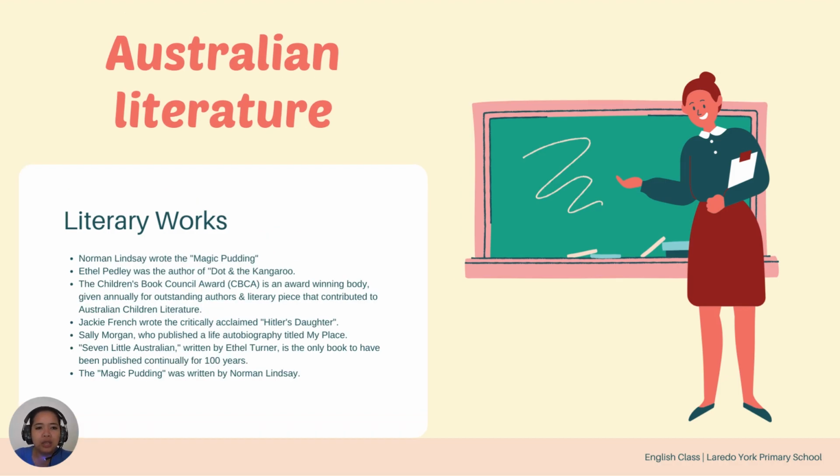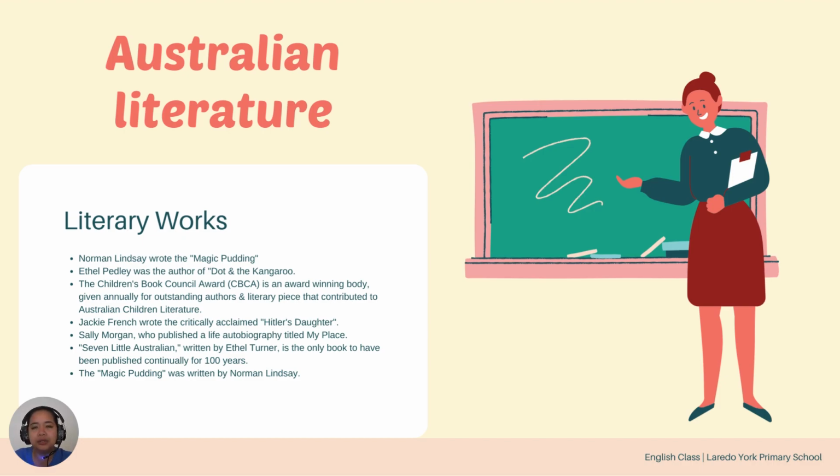Next, we also have Norman Lindsay, who wrote The Magic Pudding. We also have Ethel Pedley, who was the author of Dot and the Kangaroo, and who was also awarded the Children's Book Council Award, a winning body for outstanding authors and literary pieces that contributed to Australian children's literature.